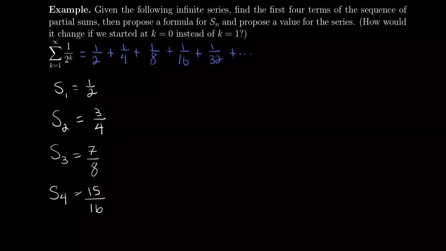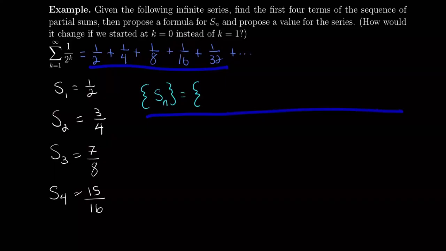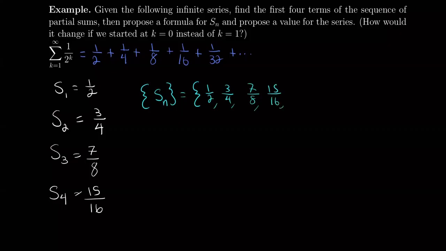And then typically the notation that we would then use is S sub n as a sequence. Now we already listed out the terms of the series. Now I'm listing out the terms of the sequence of partial sums, which is what I got when I was slowly but surely adding up the terms. And I can do another one for fun, use my calculator, add the 5th term as well, and I would have ended up with 31 over 32.